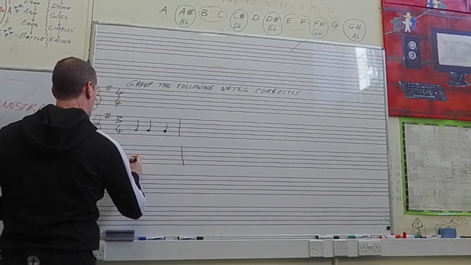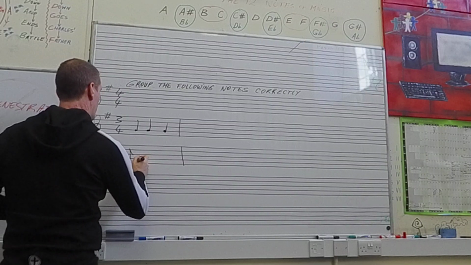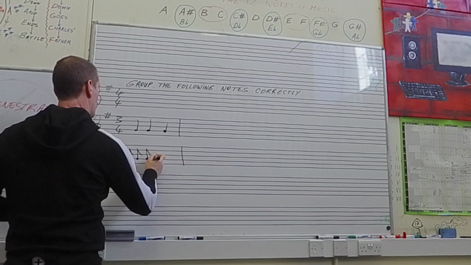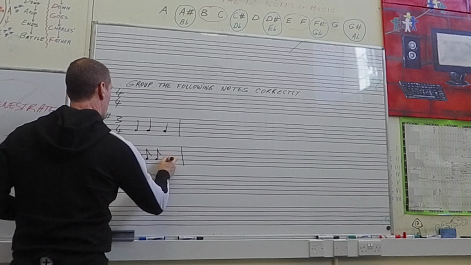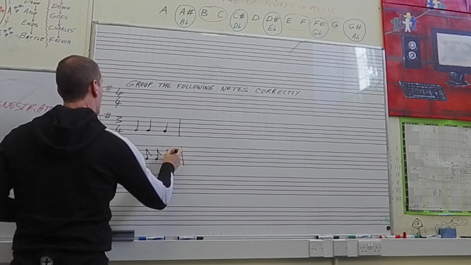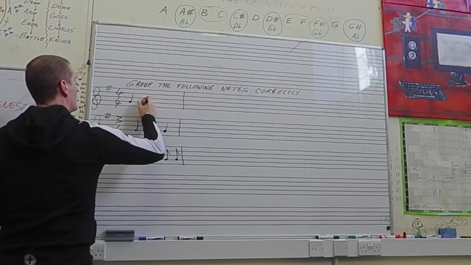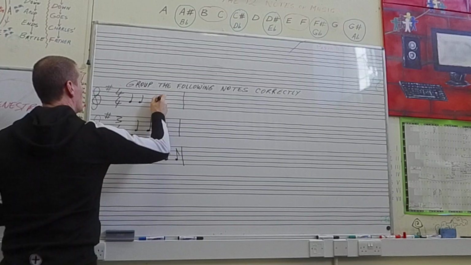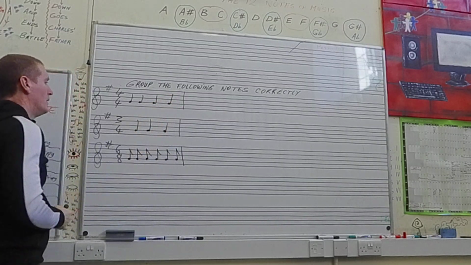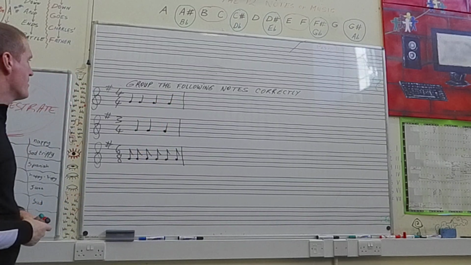6/8 time means you can fit 6 eighth notes into 1 bar. 4/4 time means you can fit 4 quarter notes. Okay.